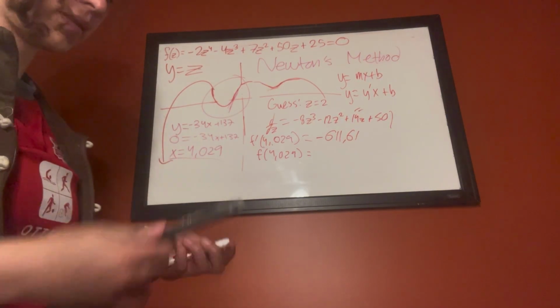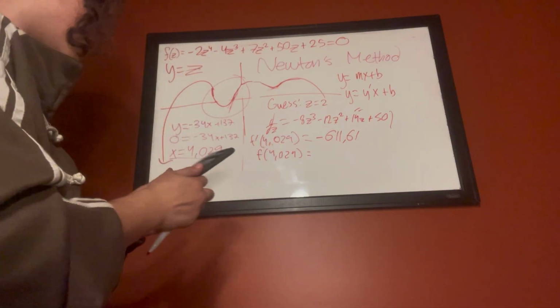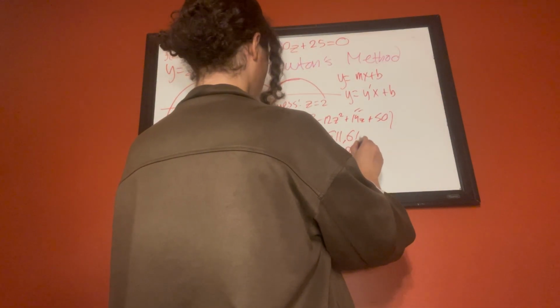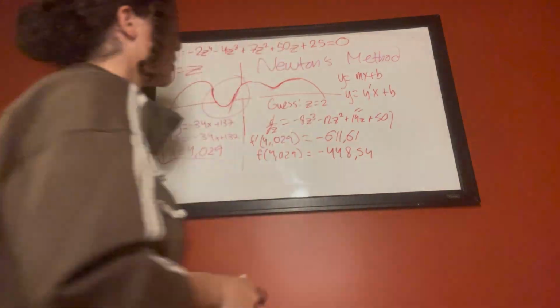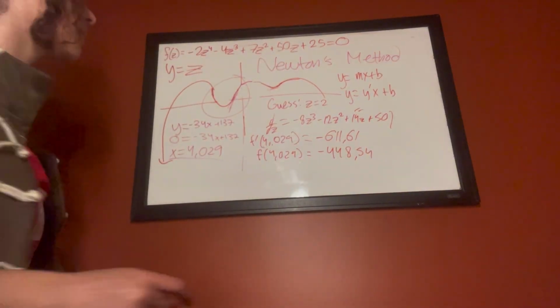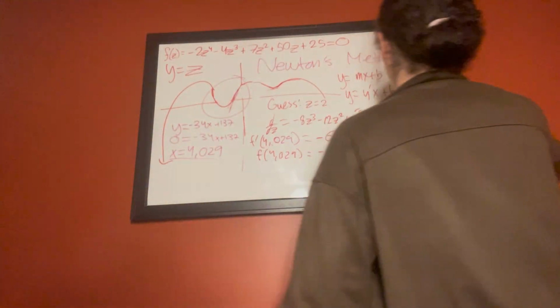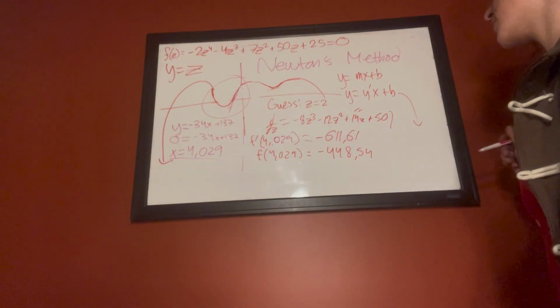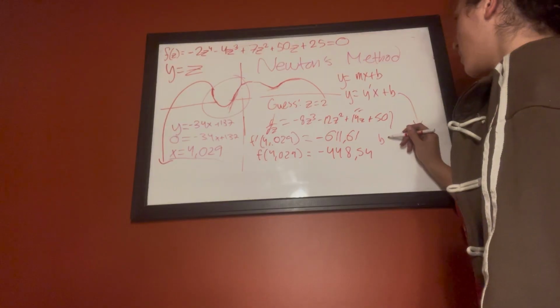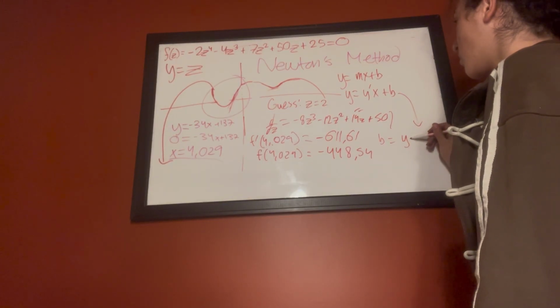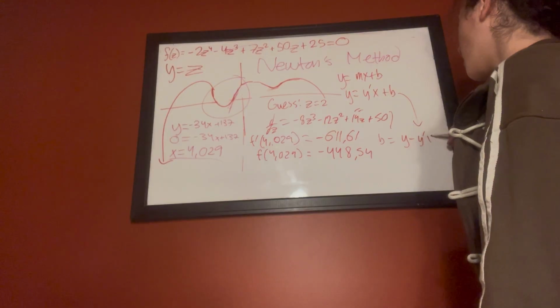So I have f of it is minus 448.54 approximately. So I have y prime, I have x, so let's just manipulate this to make this faster. So I have b is just equal to y minus y prime of x.